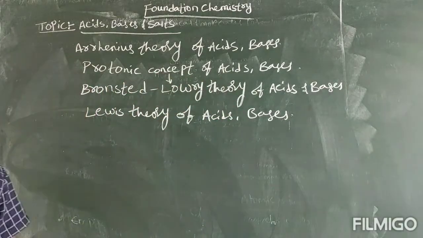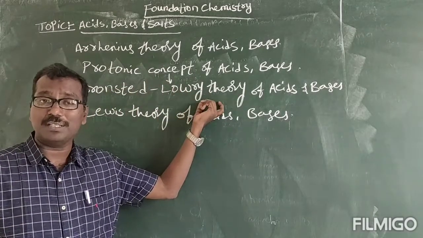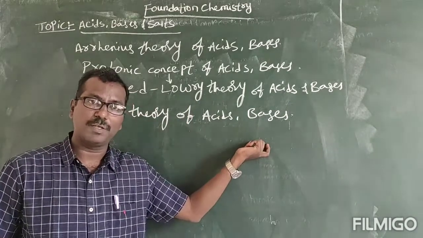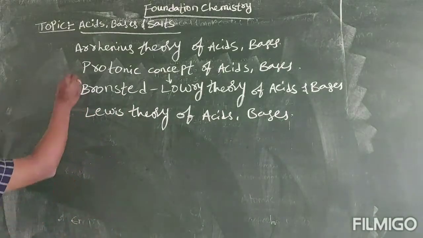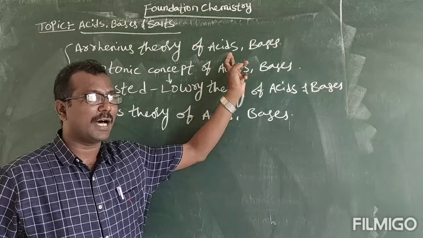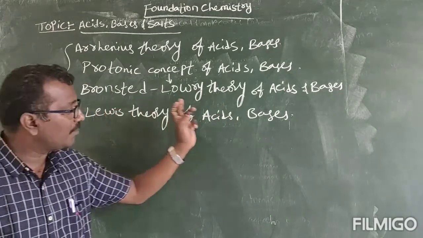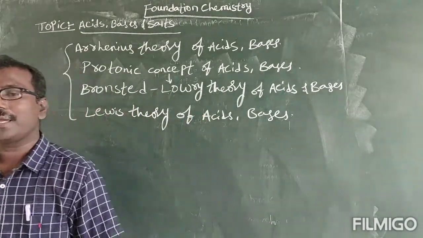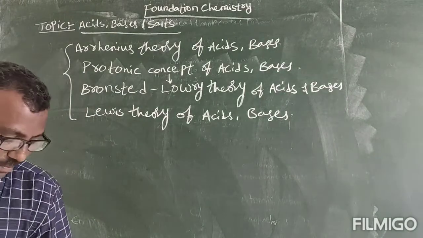Later on there were also some defects in this theory, so Lewis's theory of acids and bases was developed. In this also there are some defects, but throughout chemistry, the positives in Arrhenius theory, the positives in Bronsted-Lowry theory, and the positives in Lewis's theory are taken for the conservation of acids and bases.